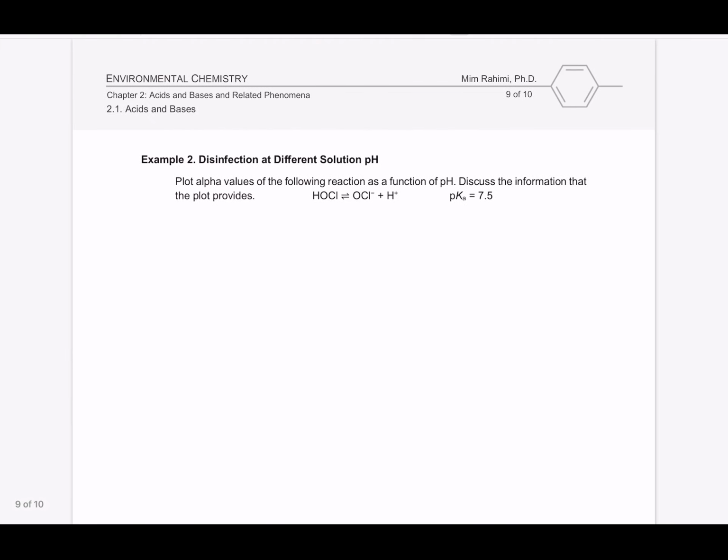So a quick example. This is the disinfection, the same example we had before. Now we want to plot alpha versus the pH. So we want to look at the pH of 0 to 14 and see how the ratio of the protonated versus deprotonated is impacted.